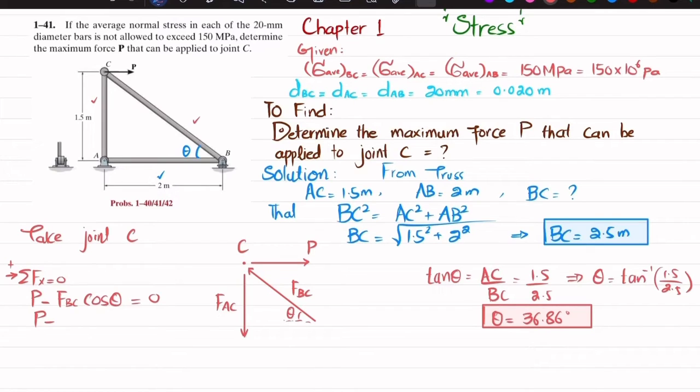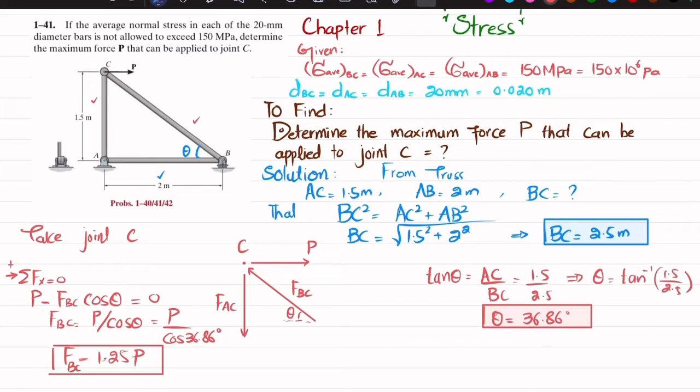We are interested to find FBC, so FBC will be equal to P divided by cos of 36.86, and 1 divided by cos theta will give you 1.25. So FBC is equal to 1.25 times P.